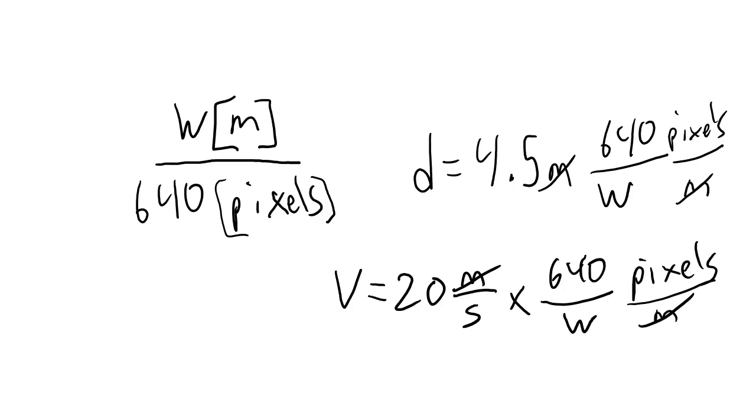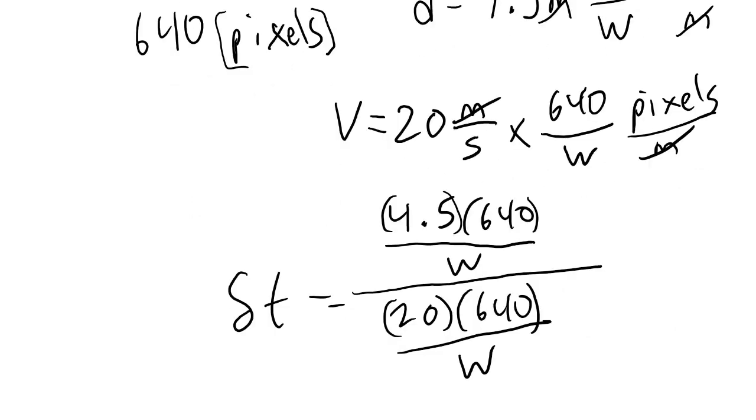Now, let's calculate delta t as d over v. Notice that in this calculation, the conversion factor actually cancels out. And so, we can actually calculate delta t also in meters units or any other units as long as the numerator and the denominator agree in the length units.